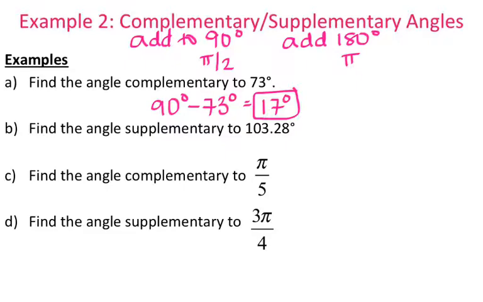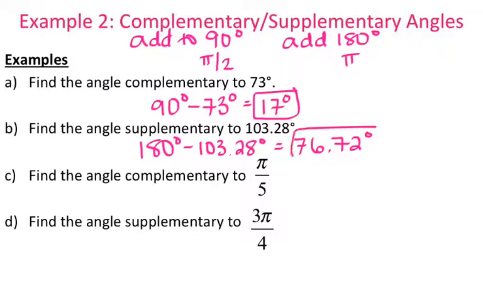And then for the angle supplementary to 103.28, I'm going to take 180 minus 103.28 degrees. So 180 minus 103.28 is 76.72 degrees. So the supplement to 103.28 is 76.72.